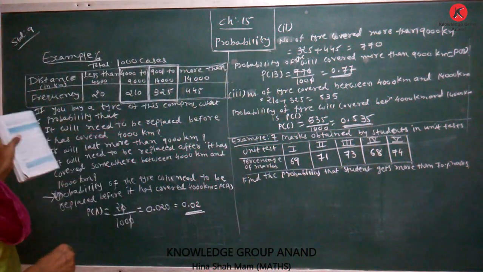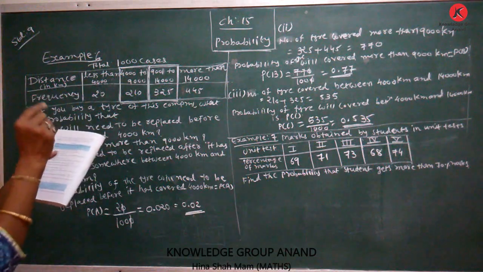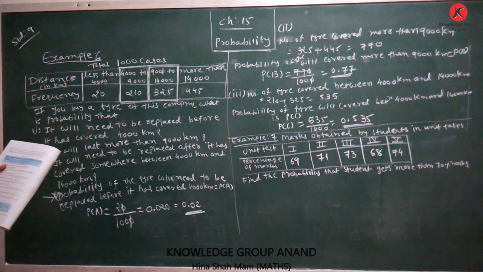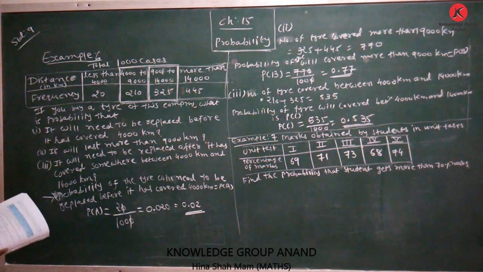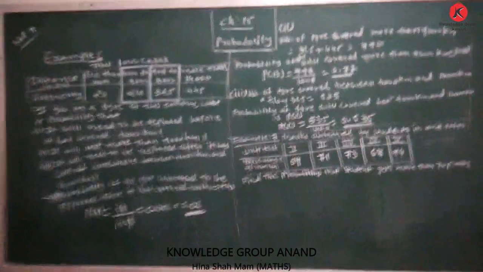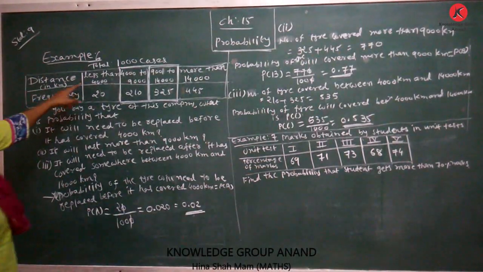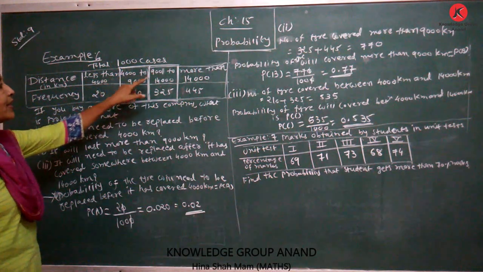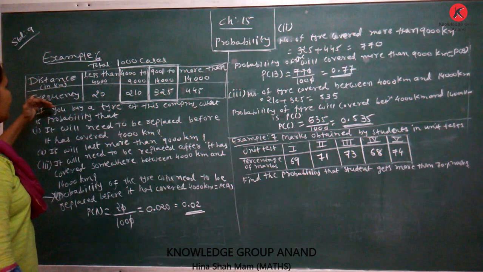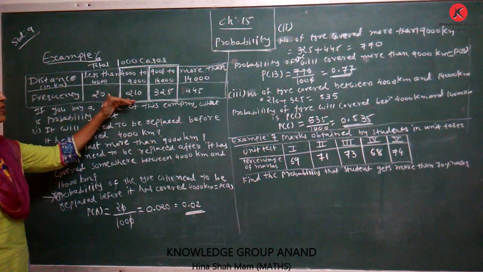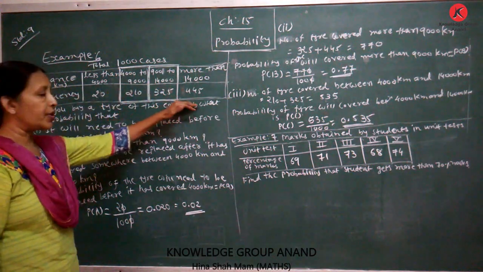Example number 6 again. A tire manufacturing company kept a record of the distance covered before a tire needed to be replaced. The table is given below. Distance in kilometer: less than 4,000, 4,000 to 9,000, 9,000 to 14,000, more than 14,000. Frequency: 20, 210, 325, 445.